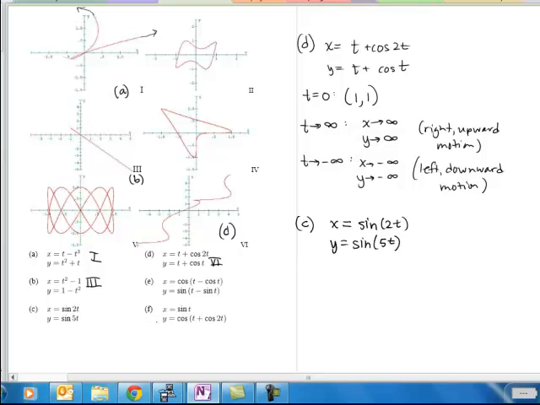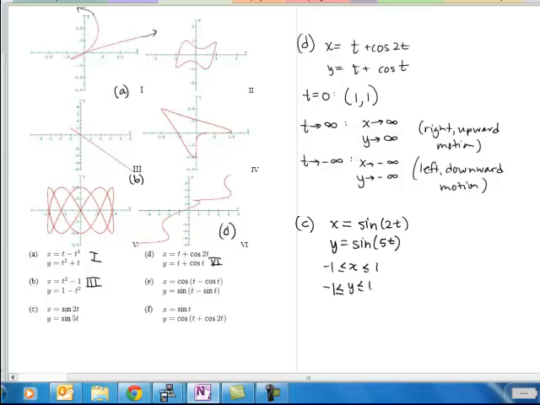But all of them have cosine and sine of some other things. The outside functions are either cosine or sine, which means for all of them, x and y are going to be trapped between -1 and 1. So just that much information isn't going to help us here.